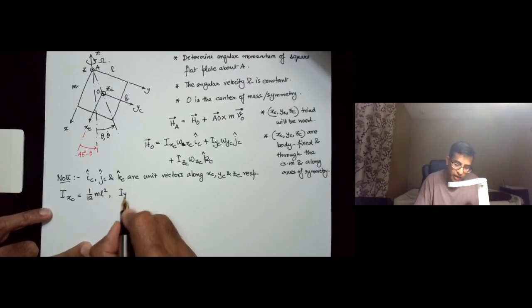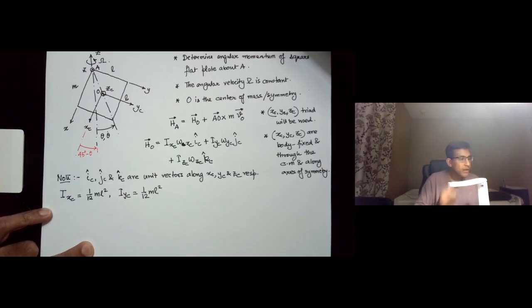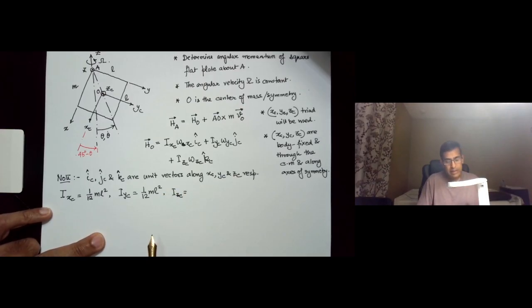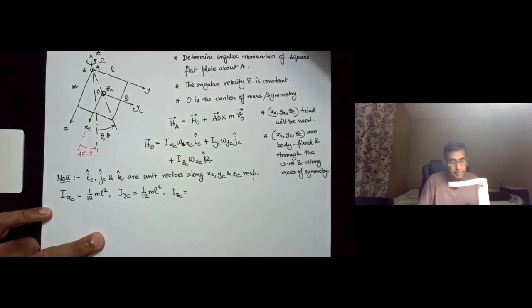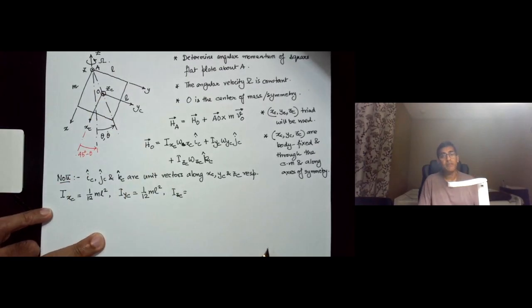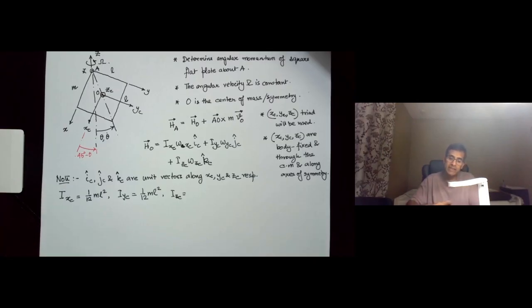Similarly, Iyc is also going to be 1/12 ml squared, and Izc is going to be the moment of inertia about the axis that is going through the center and going out of the surface. So it is going to be the moment of inertia in the x plus the moment of inertia in the y direction, and that comes from the basic equations of moment of inertias for any flat surface.